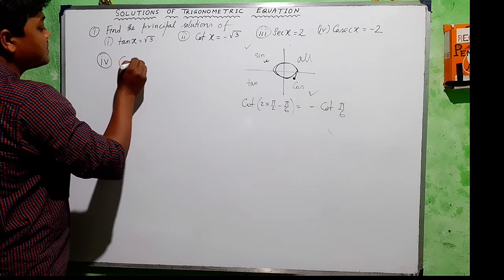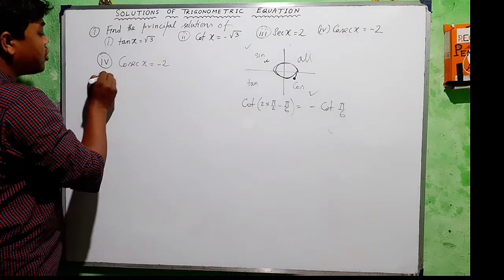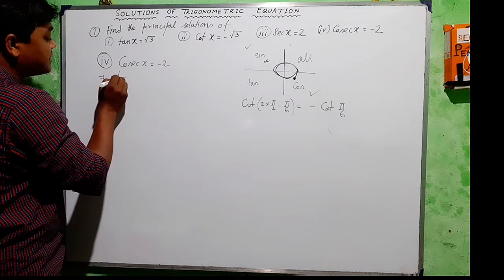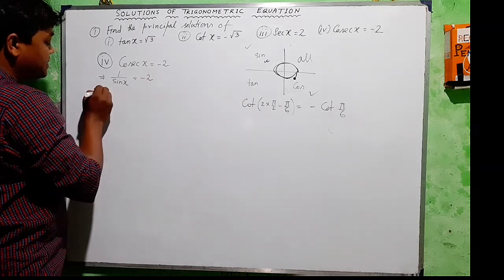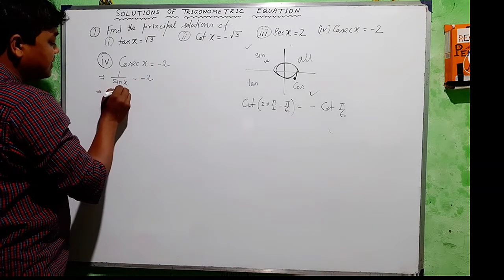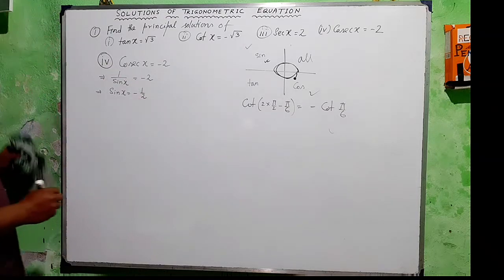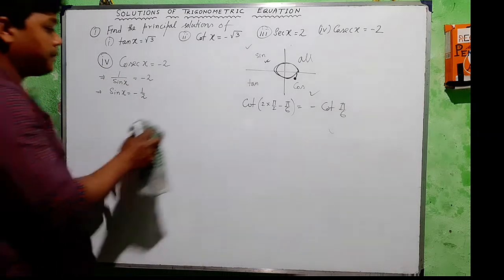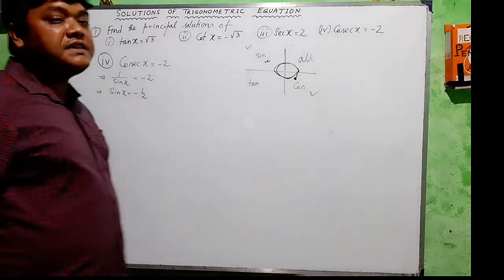Cosec x equals minus 2. So cosec x equals 1 by sin x equals minus 2. So then sin x equals minus half. Sin x equals minus half. So in which quadrant is sin negative?